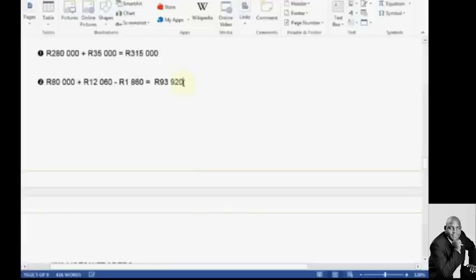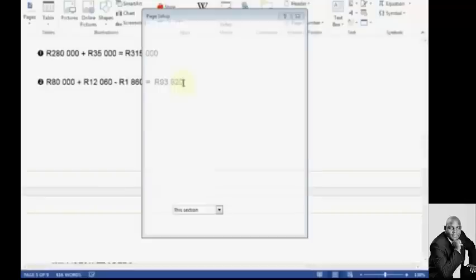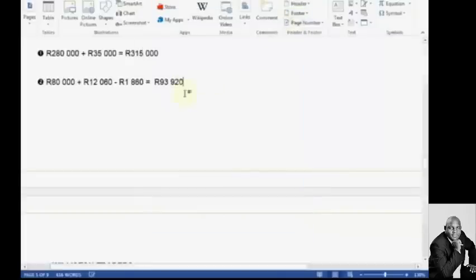So at the beginning it did not accumulate it yet. So 1,860 minus 1,060. Technology, the joys of technology. Okay, the answer I'm getting is 90,200.